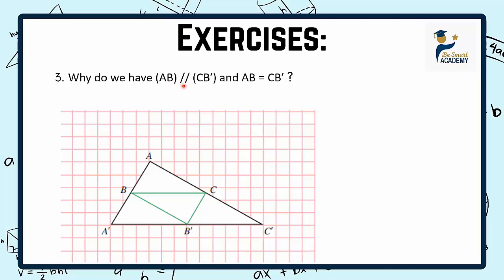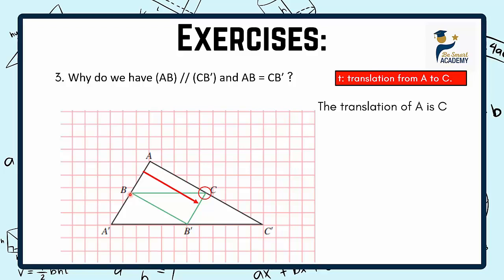Why do we have AB parallel to CB prime and why are they equal? We have to keep the same translation from part 2, which is from A to C. You notice that point A is translated all the way to C, and B is translated all the way to B prime.